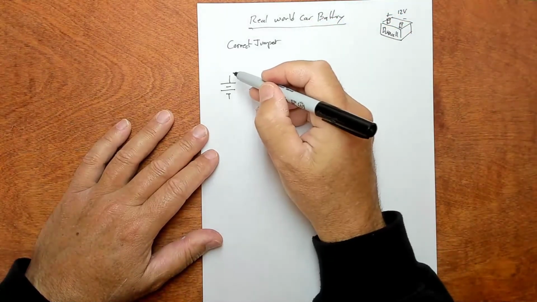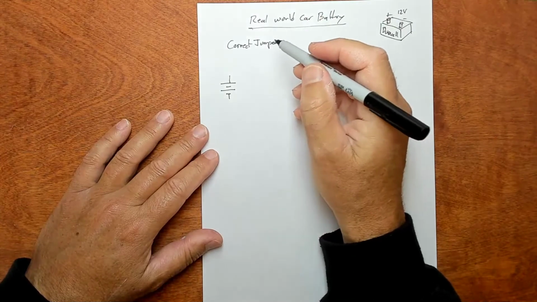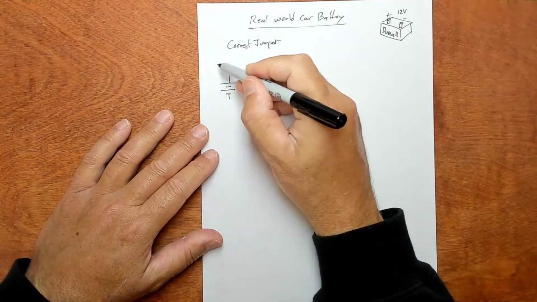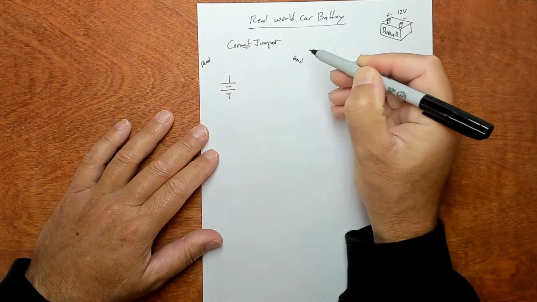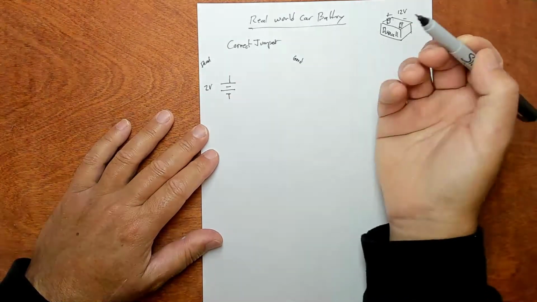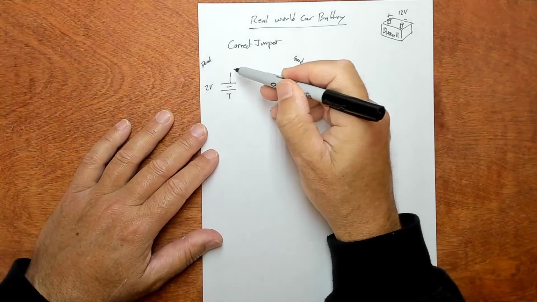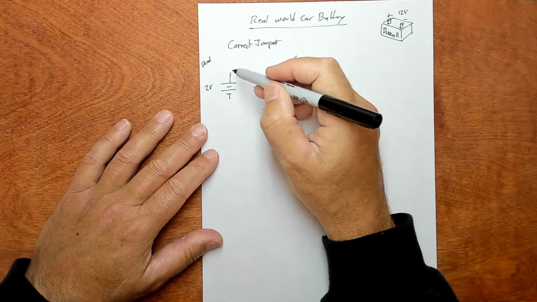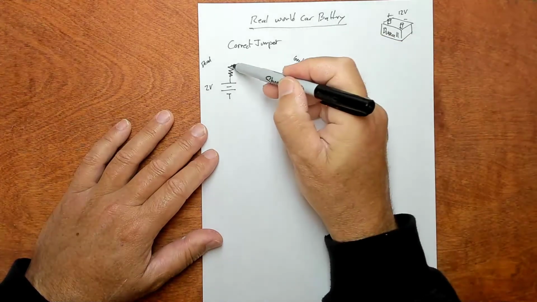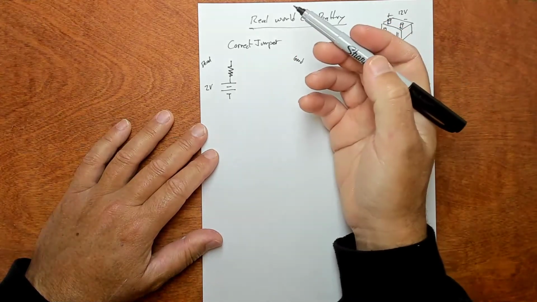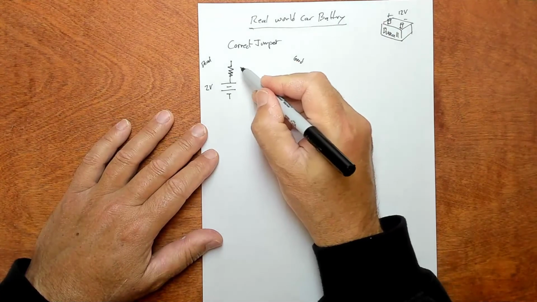Let's say you have a dead battery on this side and a good battery on this side. So the dead battery is going to be 2 volts, let's say, because the voltage in a battery varies. That's how you indicate its health, is by looking at the voltage. So there's also an internal resistance in the battery, not the wires.